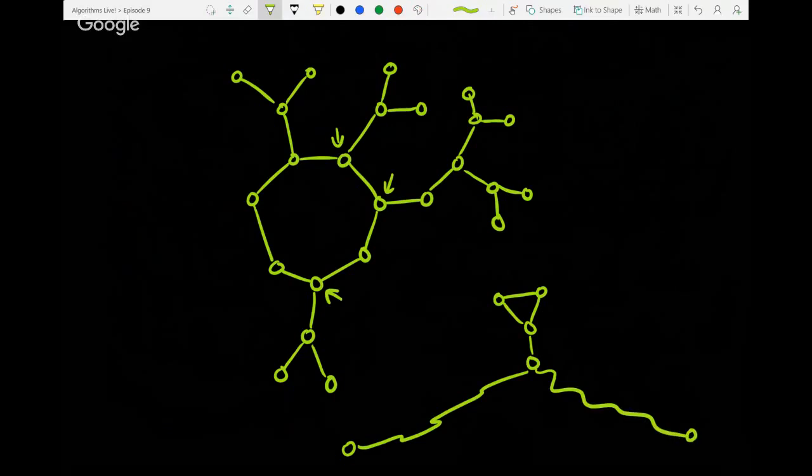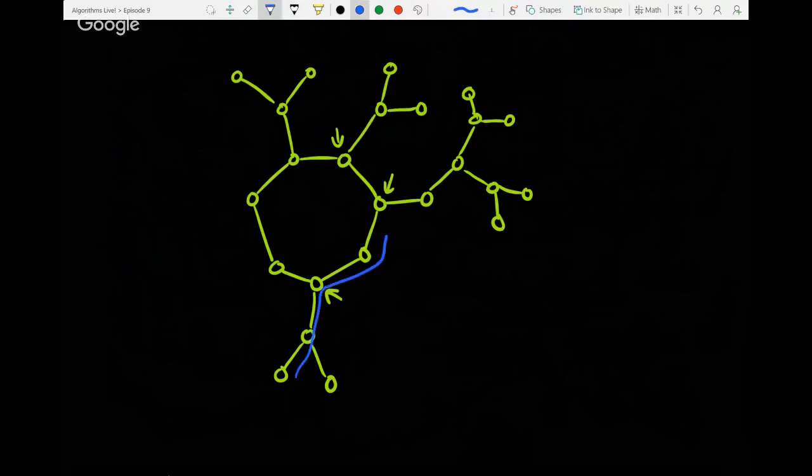So the optimal answer may be found by doing that subtree pairing algorithm for finding diameter that I talked about in the trees lecture. But right now, we want to assume that such a diameter doesn't exist because we can find it really easily.